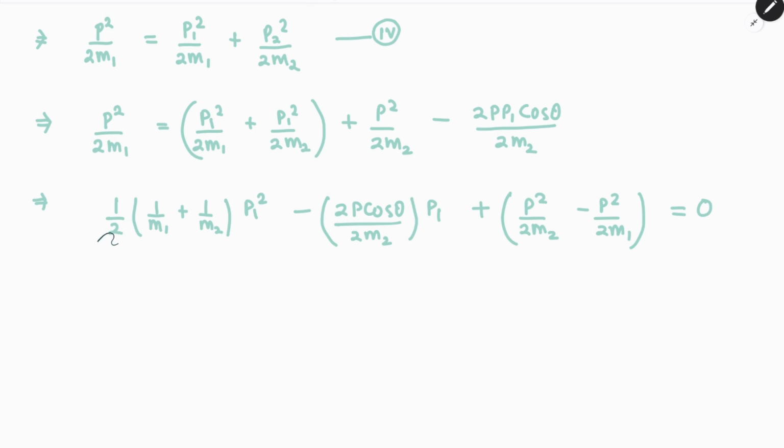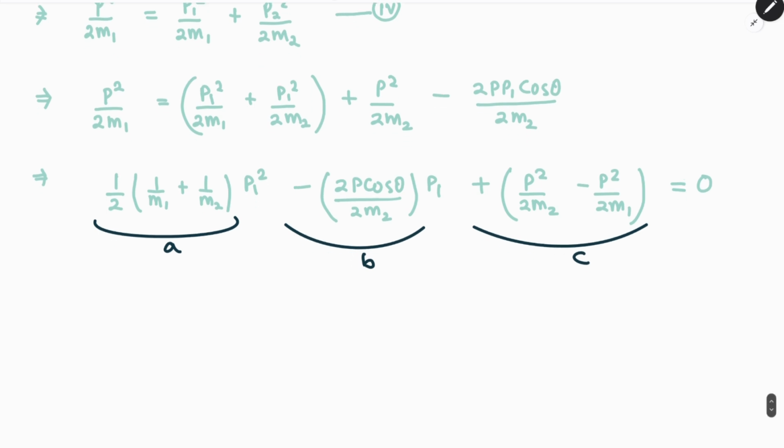So we have this equation of this form where we can refer to this one as A, this part as B and this part as C.